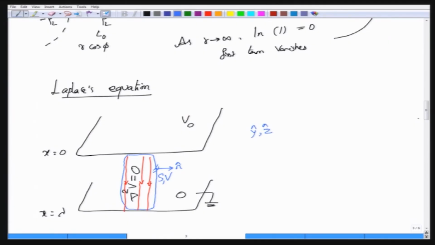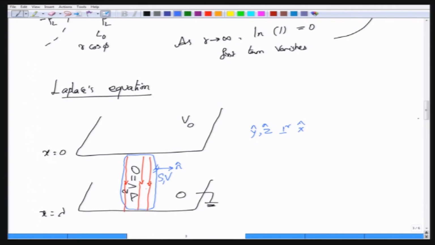The normal to the surface would be directed along the coordinates y and z, but those coordinates will be perpendicular to x. The simple fact is that the field is going vertically downward, there are no tangential or horizontal components. So, the inner product of the tangential or horizontal vector and the normal vector will be equal to 0. So, what we have done is we have specified potential values at the top and the bottom.